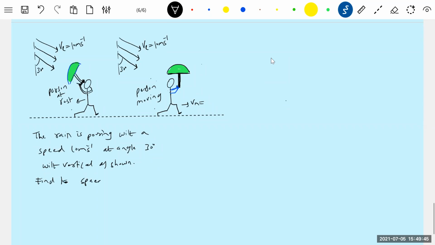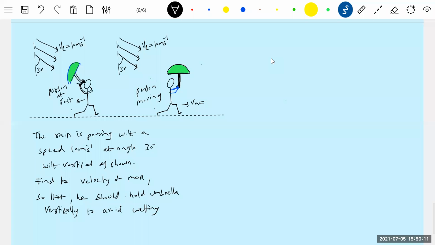Find the velocity of the man so that he should hold the umbrella to avoid wetting.